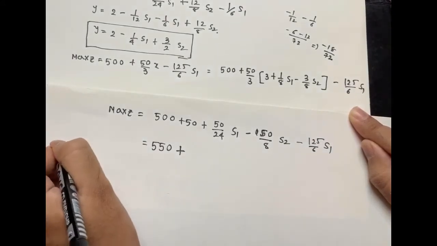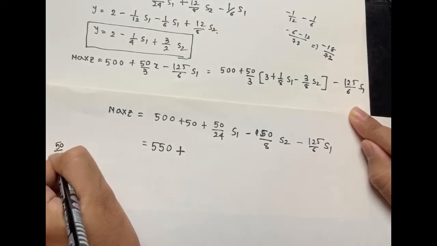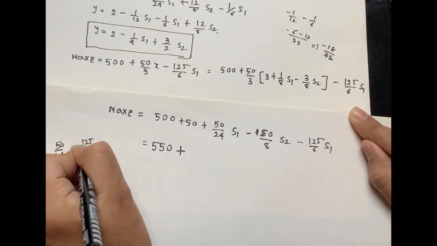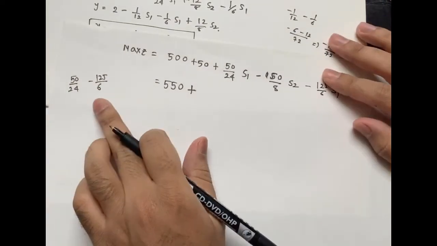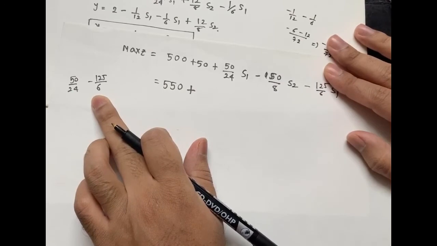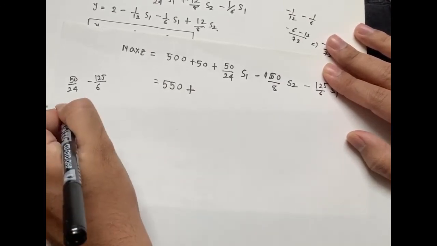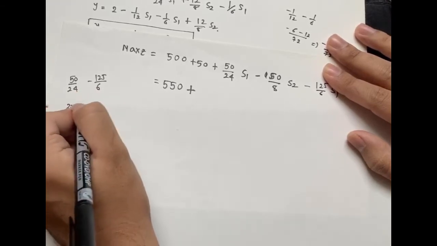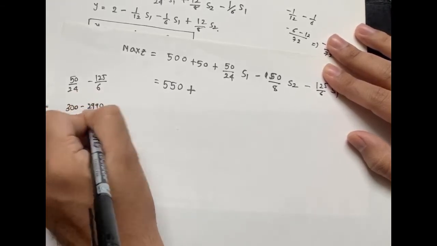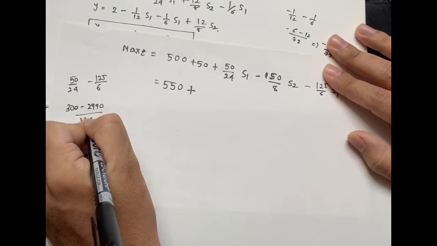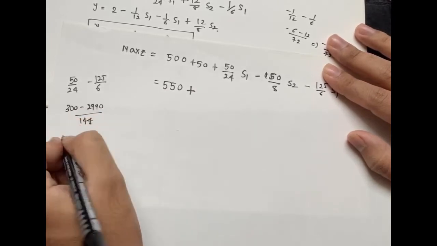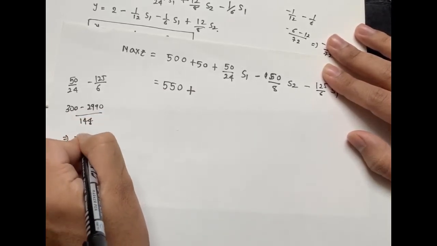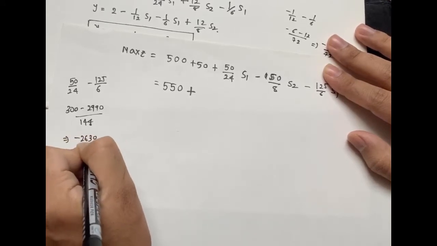So if I do that here, 50 by 24 minus 125 by 6, so 50 into 6, that is 300, minus 125 into 24, that is 3000, divided by 144. So this gives me a minus 2630 by 144.